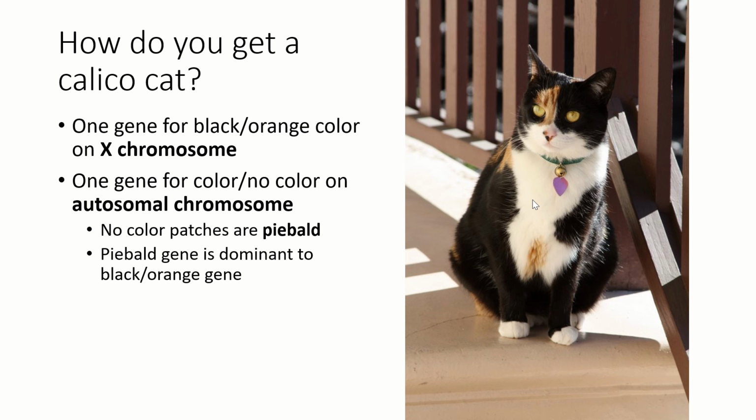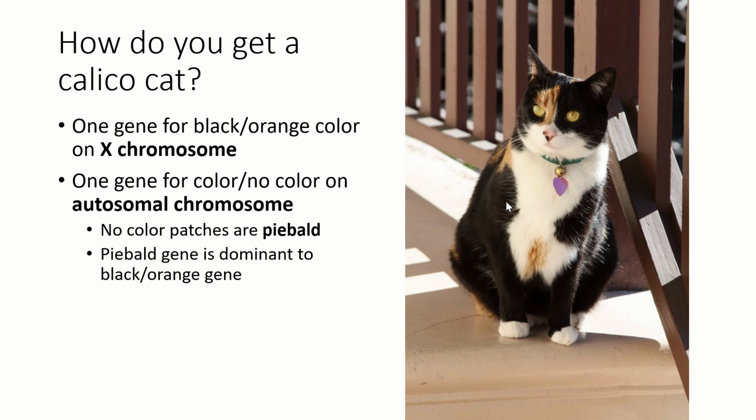The white is a gene on a different chromosome that codes for color or no color. If the no color allele is activated, then the patch that develops from that cell doesn't have any color, regardless of whether the orange or black allele was packed away when the X chromosome was packed.